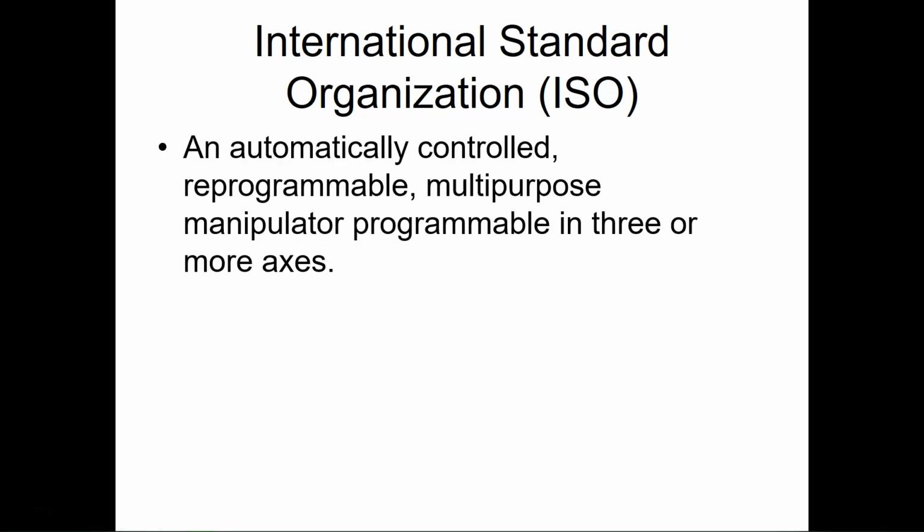They say that it is an automatically controlled, reprogrammable, multi-purpose manipulator programmable in 3 or more axes. So it can have more than one purpose. Reprogrammable is a big thing, and it has to have 3 or more axes, which we'll talk about what an axis is in a minute.